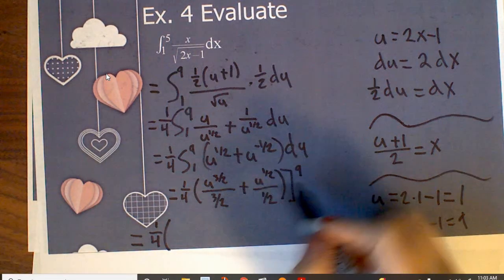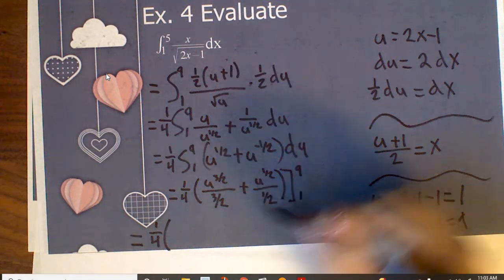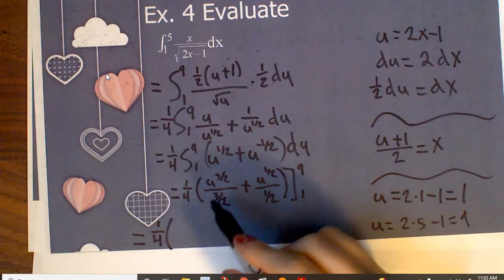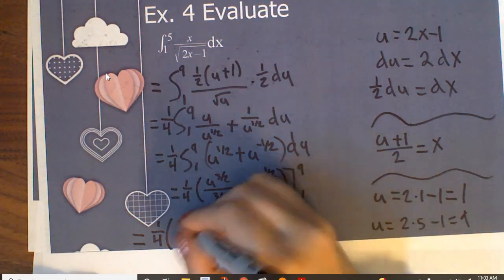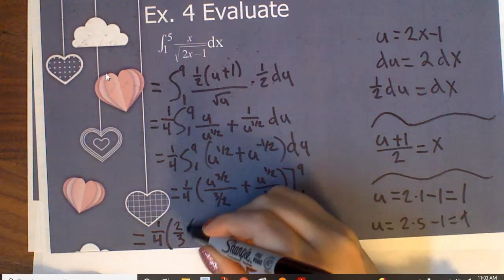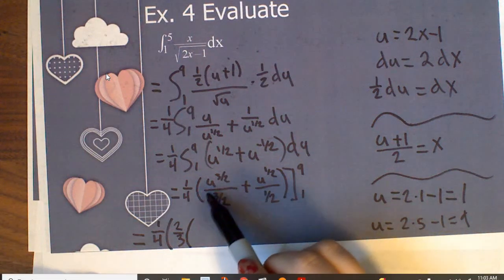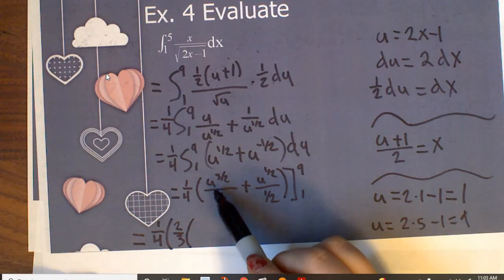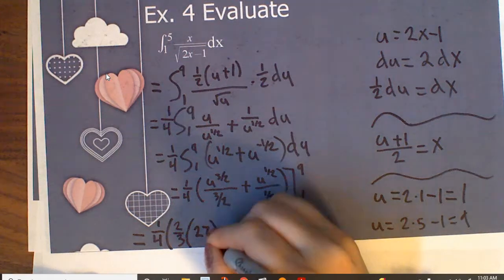From this point, you could just plug 9 in first, plug all that into your calculator, and then subtract 1. I'm going to do it by hand. So notice that dividing by 3/2 is the same thing as multiplying by 2/3. If I plug in 9 here, the square root of 9 is 3. 3 cubed is 27.